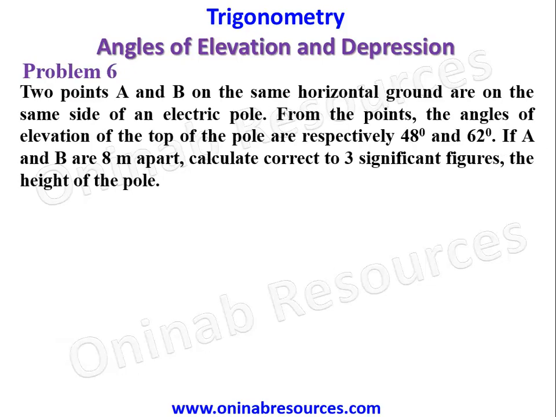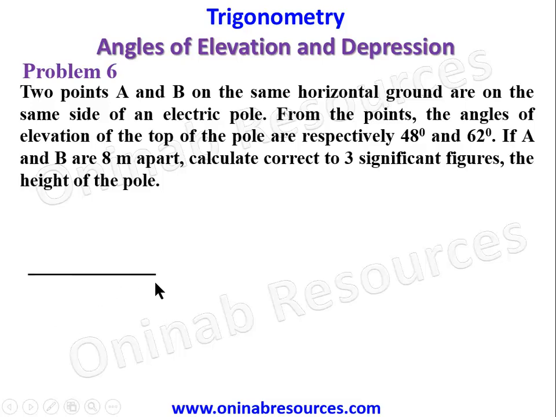For problem 6, two points A and B on the same horizontal ground are on the same side of an electric pole. From the points, the angles of elevation of the top of the pole are respectively 48 degrees and 62 degrees. If A and B are 8 meters apart, calculate correct to two significant figures the height of the pole.